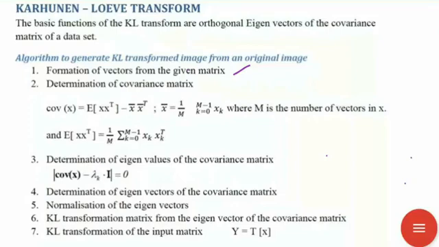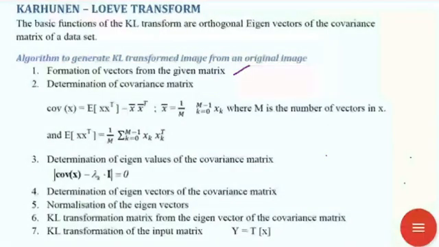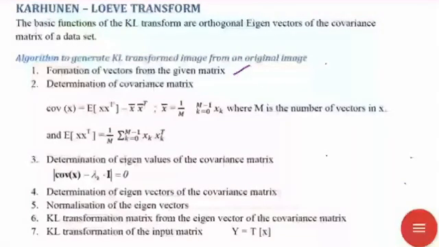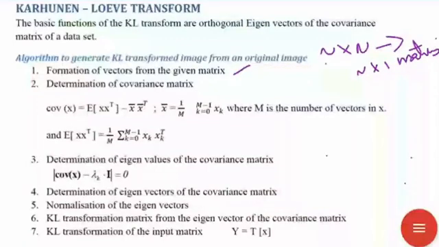So if you take an n by n matrix, we should split it into n by 1 matrices.